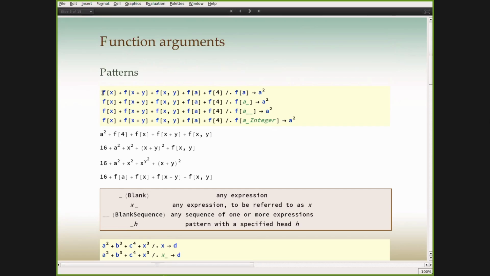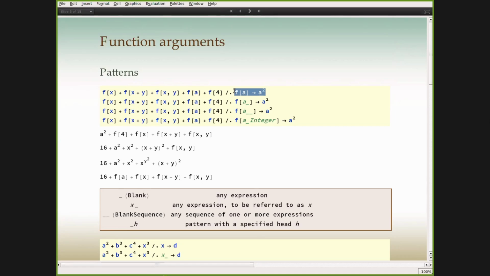So here there are some examples which show you how patterns work. At the first line, we have several functions: f of x plus y, f of x, y with two arguments, f of a, and finally f of 4. And in this expression, we would like to substitute what we are specifying here.